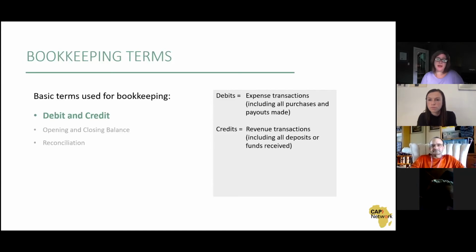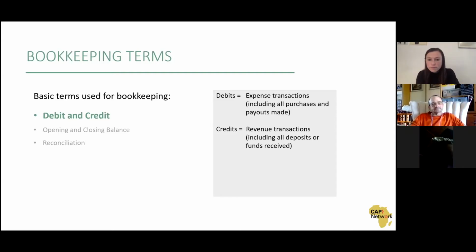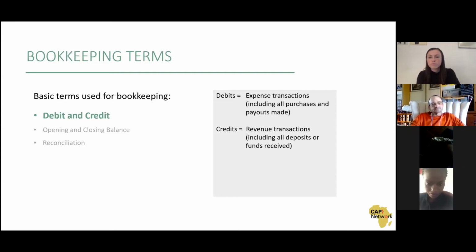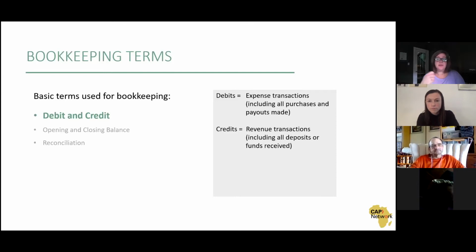So in bookkeeping and accounting, we talk about debits and credits. Debits is the word that we use to talk about expense transactions. So this would be any expenses related to your project work, any purchases that you're making, or any payouts that you're making to individuals for staff or for reimbursements.